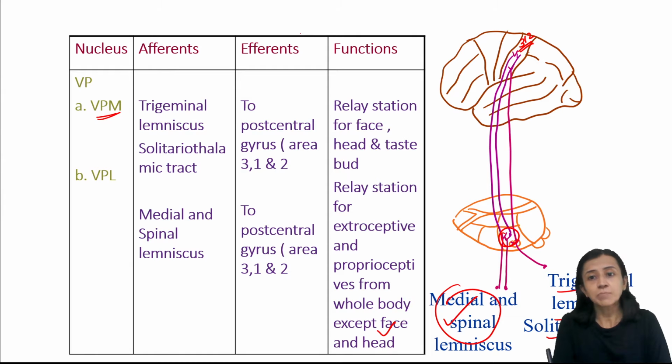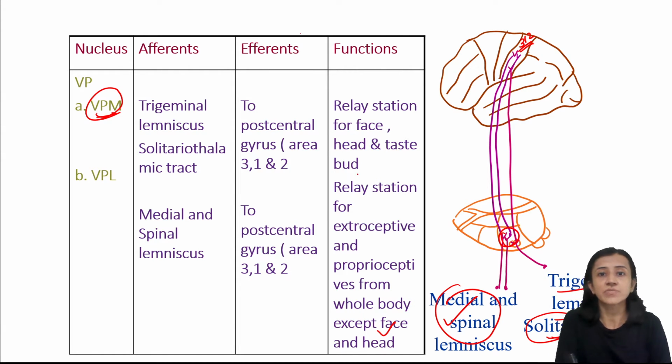From these, impulses are given to the ventral posteromedial nucleus, and again from there to sensory areas 3, 1 and 2. And this is the relay center for sensory information from the face and head, as well as the tractus solitarius from the medulla, that is concerned with taste sensation. So these sensory relay nuclei are your ventral posterior nucleus.